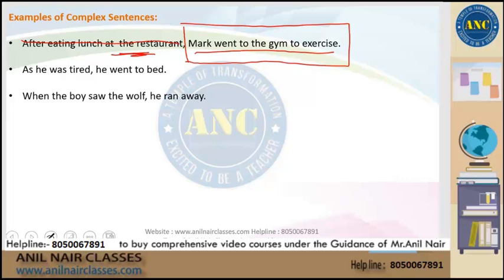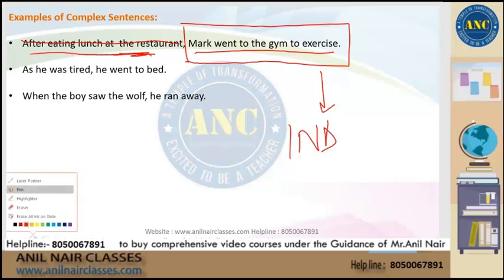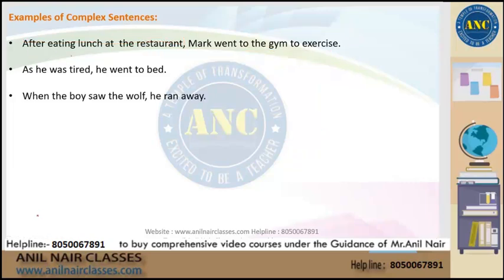It makes complete sense by itself, hence it is the independent clause. Now this, after eating lunch at the restaurant, is the dependent clause. So you need an independent clause added to the dependent clause to make sense.